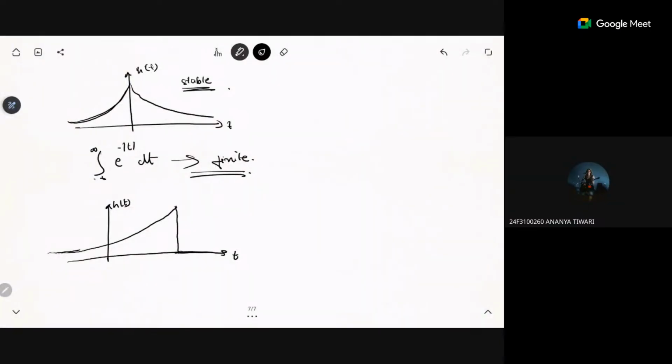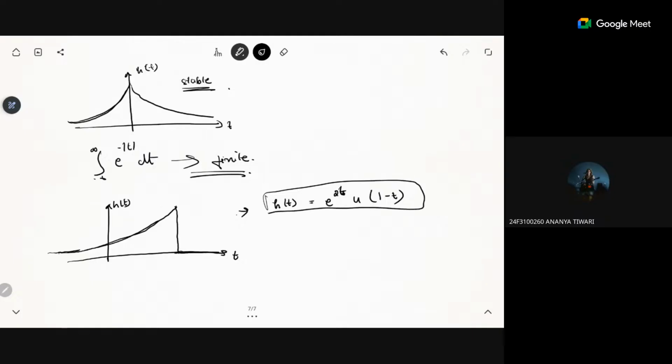I think it's still unstable because it is coming from minus infinity; it doesn't feel like it is going to 0. Okay, but it's decaying. When you write this function mathematically, h(t) equals e to the power 2t u(1 minus t). So this is your h(t).